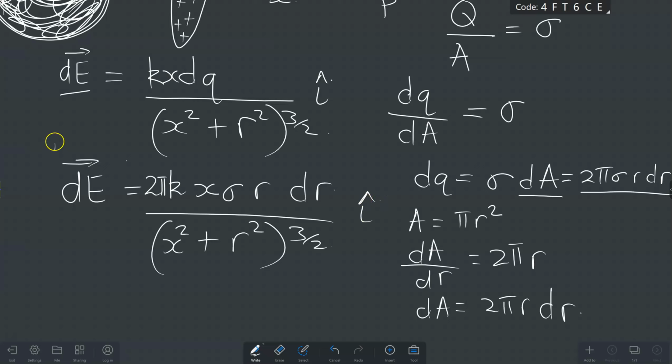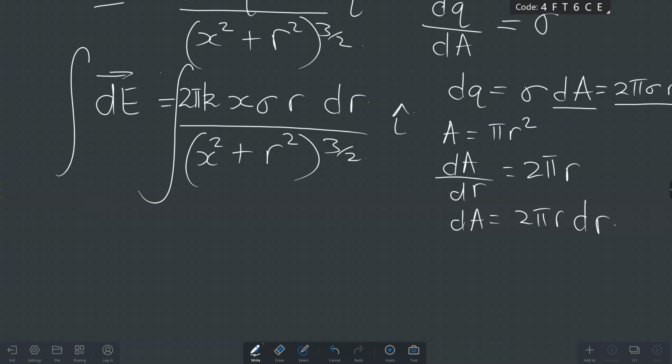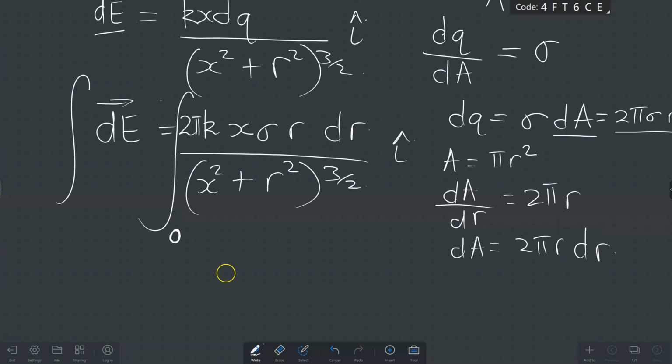So we integrate both sides. What's going to happen? If we integrate both sides, we are going from the smallest ring that we have to the largest ring that we have, which is the outer ring on that disk, which then gives us the radius of the disk of charge. On this side, we will get our E, equals what?